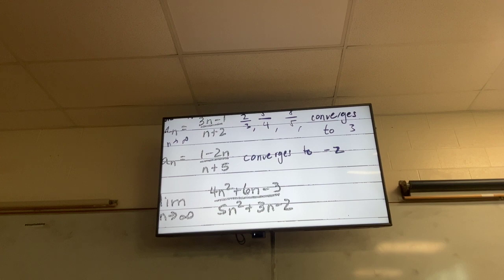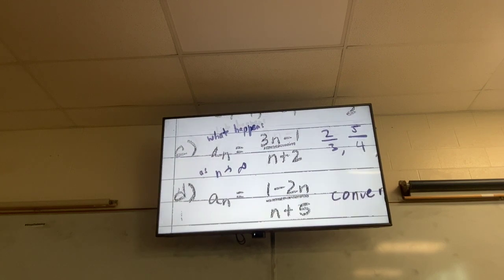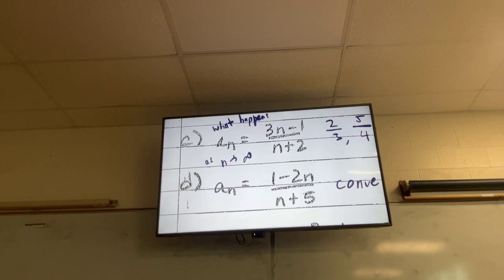I can actually check our work. Let's just plug a billion into these. So for C, let's plug a billion in for n. 3 times 1 billion minus 1, store that as A. Let's do a billion plus 2, store that as B. A divided by B is 2.99999999993. So you guys see what I'm doing there to check my work?